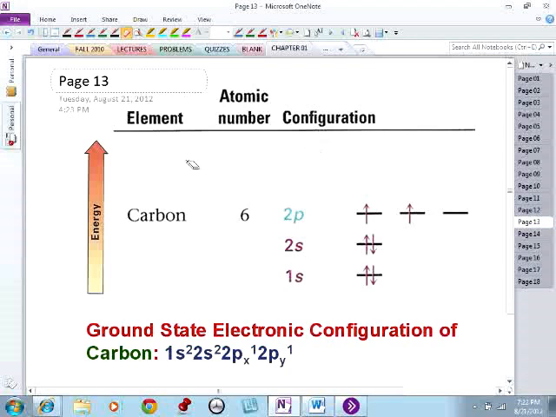Supposing I tell you to write the ground state electronic configuration of carbon.